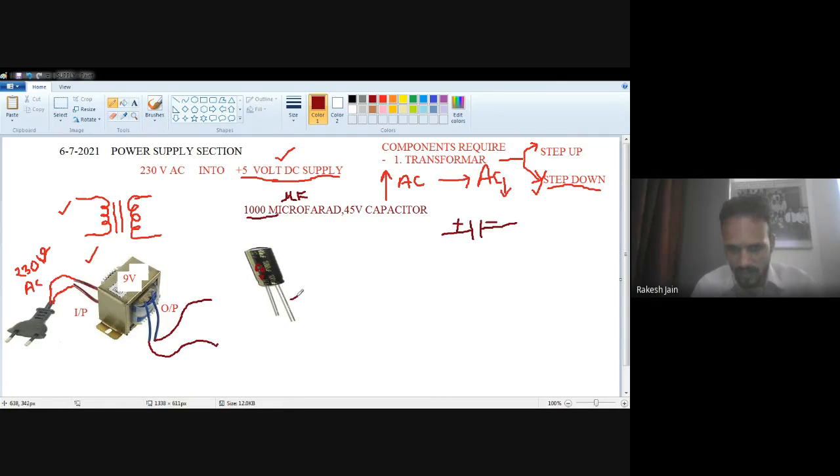The long terminal is the plus terminal and the short terminal is the minus. Remember this. Otherwise, minus is indicated here. See this image again. One side has minus indicated on the body. This one is minus. This one is minus. So this is the minus terminal. Otherwise, the long terminal is plus and the short terminal is minus.